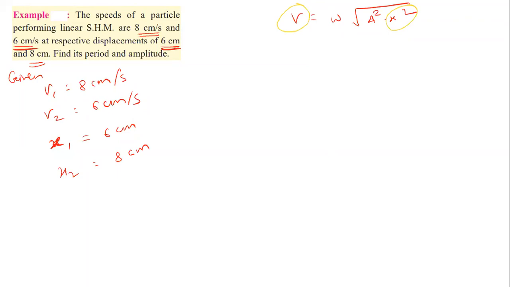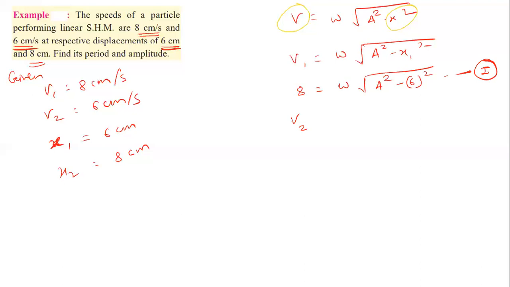Okay. Now you can use the formula. V1 is equal to omega under root a square minus x1 square, so 8 is equal to omega under root a square minus 6 square. Equation number 1. In a similar manner, V2 is equal to omega under root a square minus x2 square, so 6 is equal to omega under root a square minus 8 square.